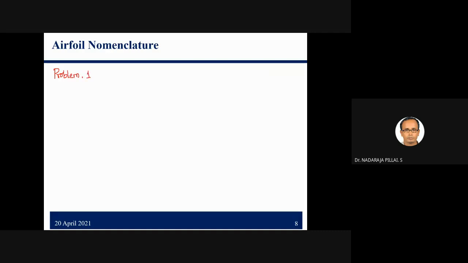Consider an NACA 2412 airfoil that we have already seen, having a chord length of 0.64 meter, and assume the standard sea level condition.